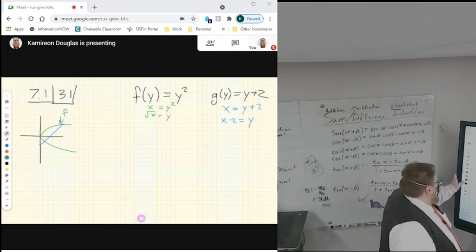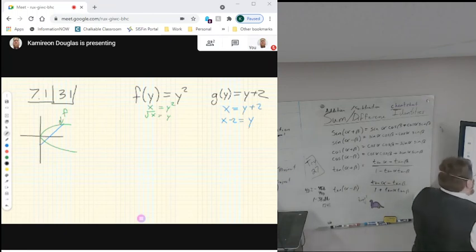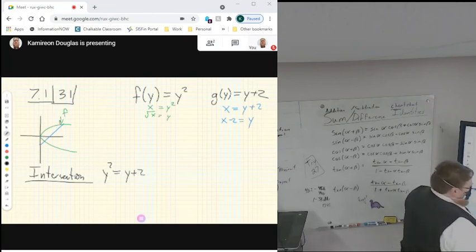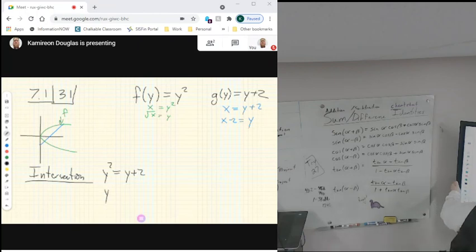Here we go. Intersection points. To find them, I take the two equations, y squared and y plus 2, and set them equal. Then I solve. I get y squared minus y minus 2 equals 0.